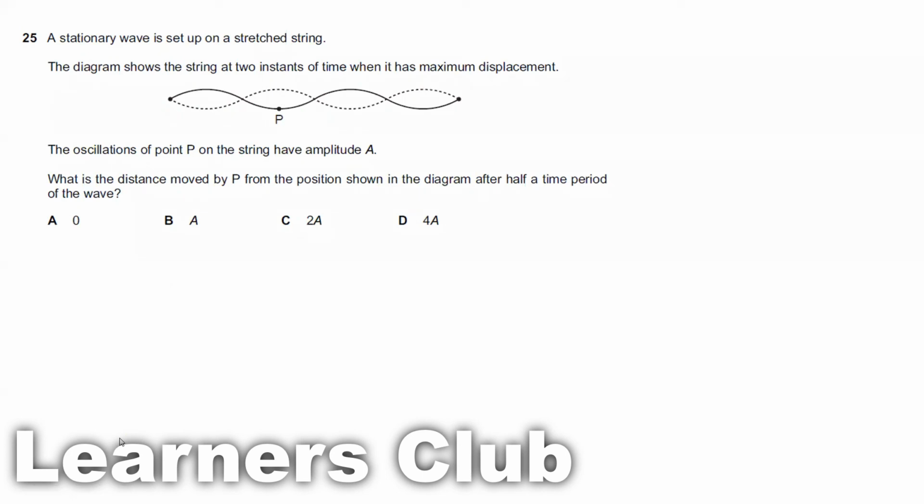Half time period means half of the wave. So if you consider P here, one complete wave ends here. If it's half wave, it ends here. So for the point P to move to this point, what's the distance it has to move?